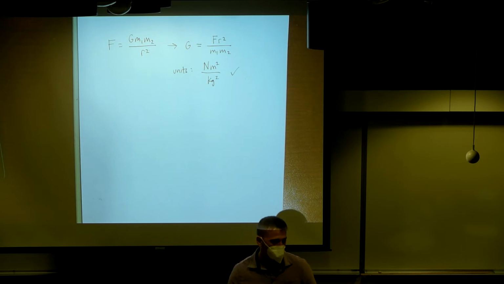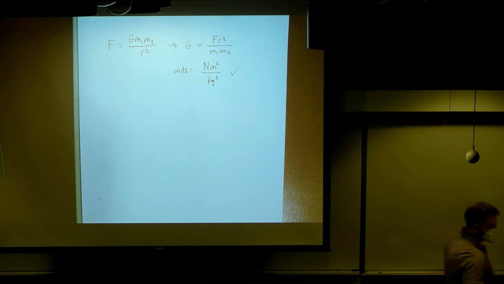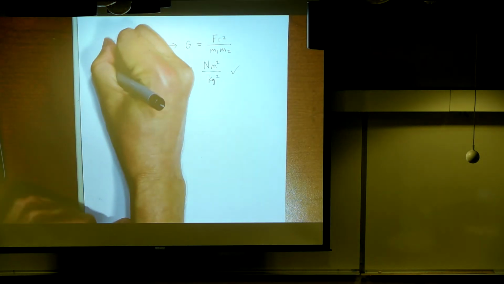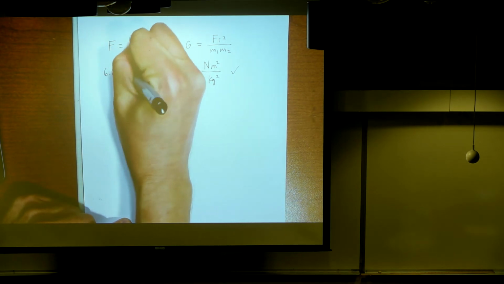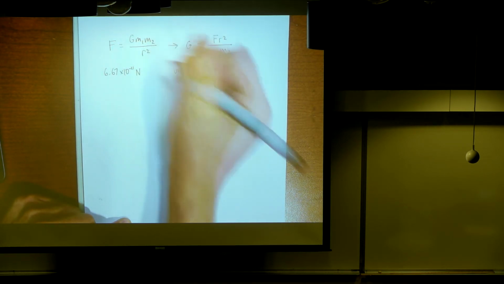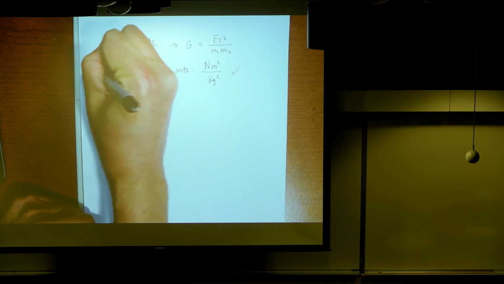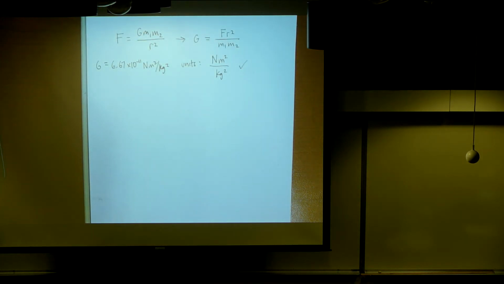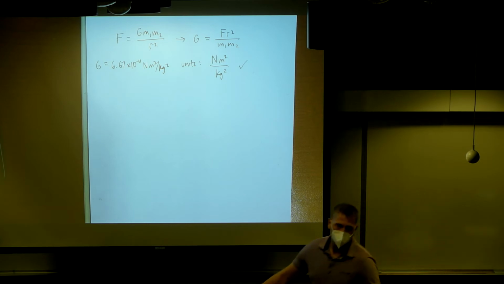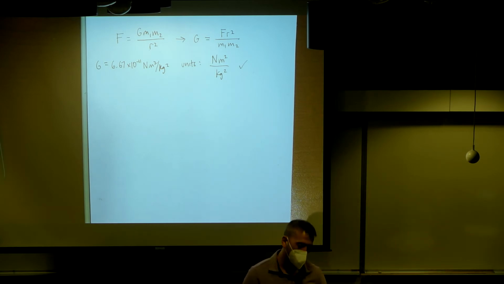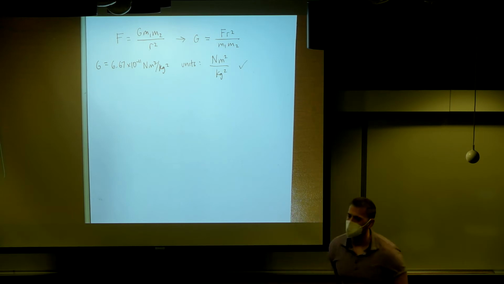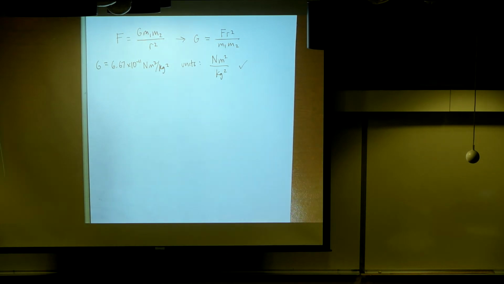It just so happens that in our universe, it takes on this value, 6.67 times 10 to the minus 11 newtons meters squared per kilogram squared. And that's not the value here on Earth or here in our solar system. That's the value everywhere in the universe, okay? It's a fundamental constant of our universe. All right, any questions on that?